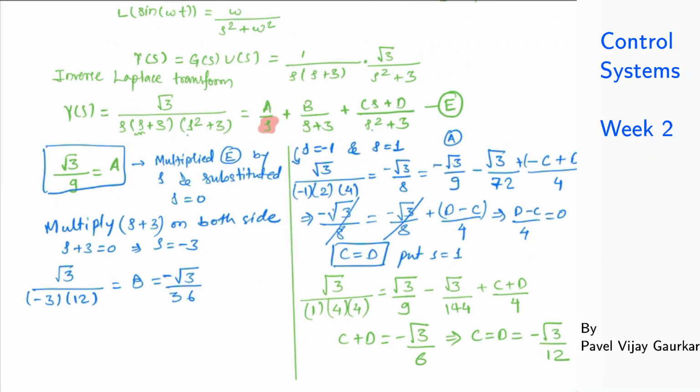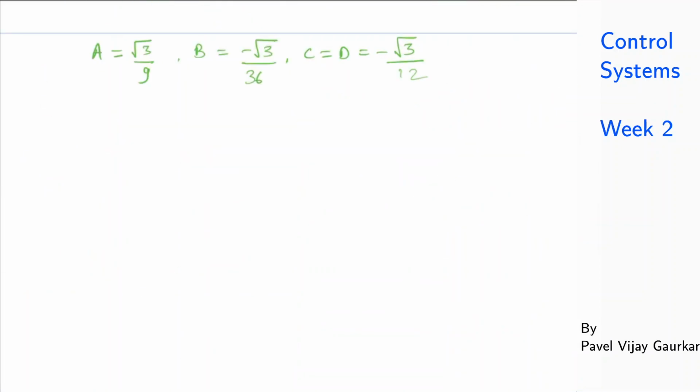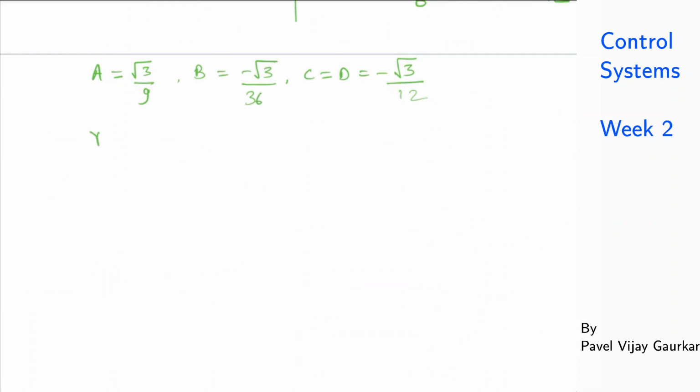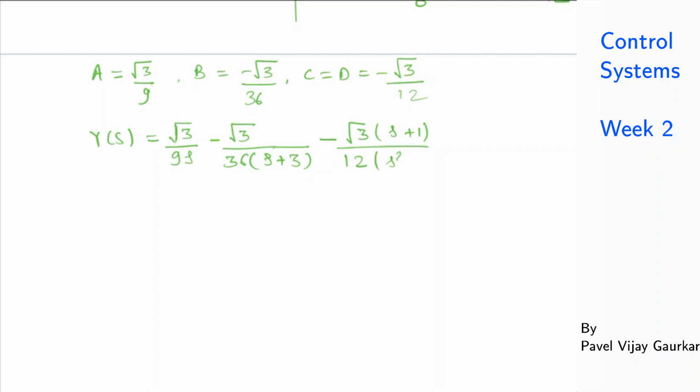So now looking at expression E, we can substitute the values. So we have y of s as under root 3 over 9s minus under root 3 over 36 s plus 3, and minus under root 3 over 12 in bracket s plus 1, over s square plus 3.